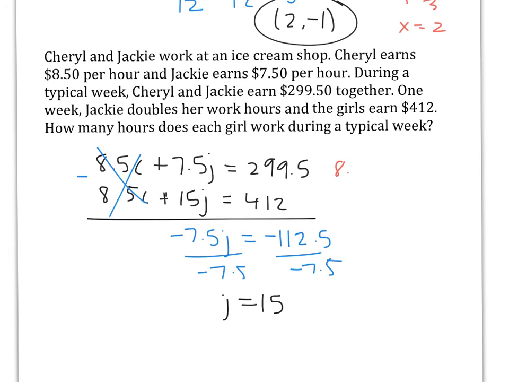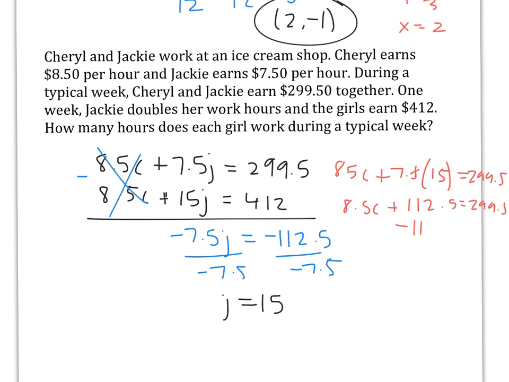So 8.5 times C plus 7.5 times 15 equals 299.50. Let's see here. 8.5C plus 7.5 times 15 is 112.50.